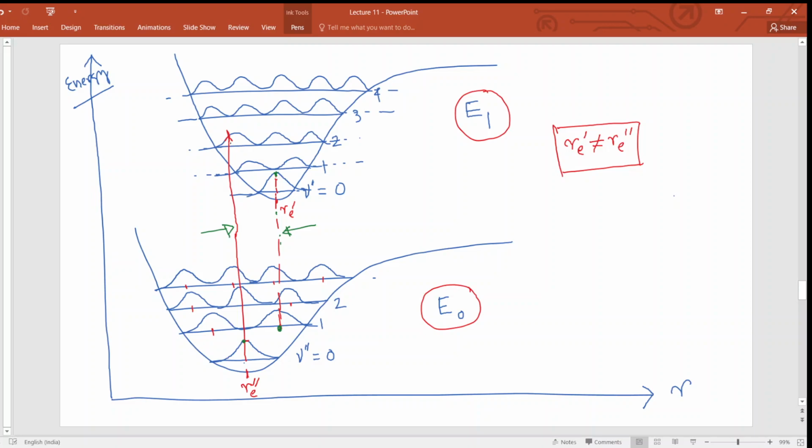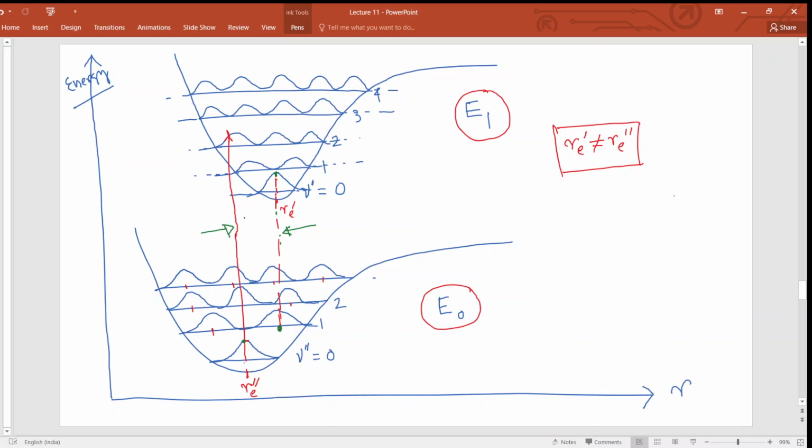Or it might appear whenever there is a peak or maximum of psi square found at this particular value of R_e prime. So essentially, the higher the number of such psi square maxima appearing at this particular value of R_e, the higher the number of transitions, or essentially the transitions are more likely, so the intensity will also be higher.